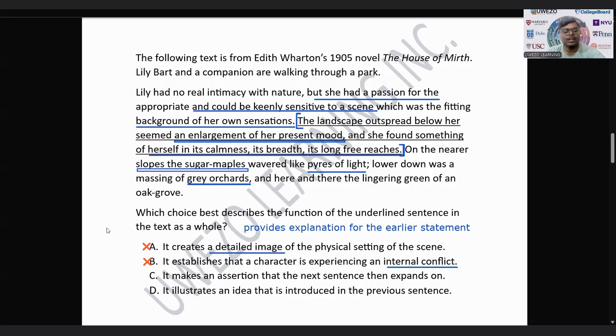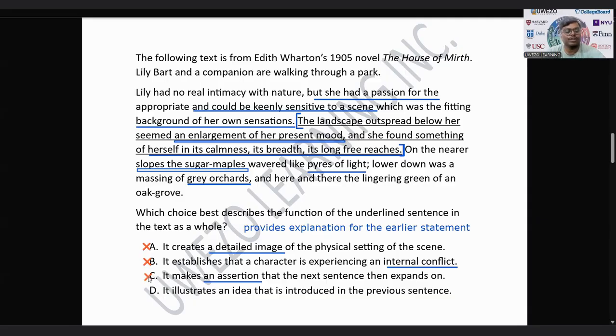Now, this looks again very close because the last sentence of the passage is actually expanding on the second sentence, that is the underlined sentence. But the problem is the underlined sentence is not making an assertion. The assertion comes in the sentence before that. So option C is wrong as well.